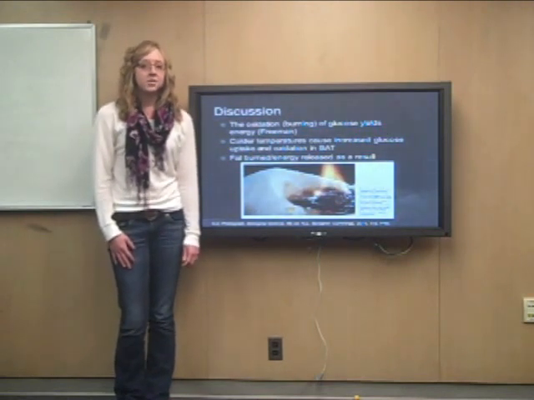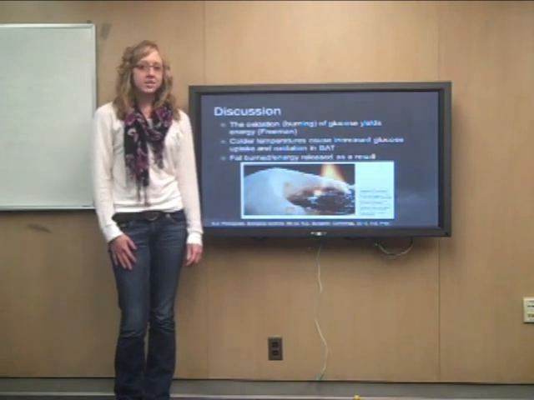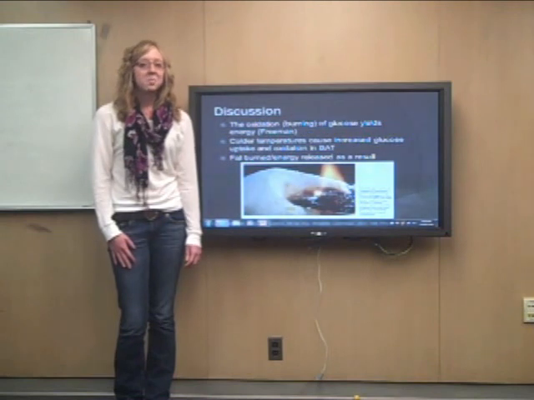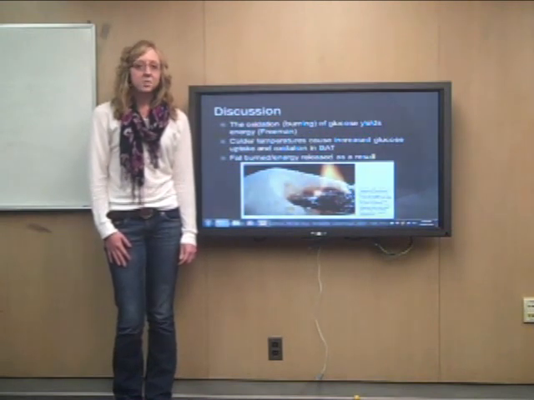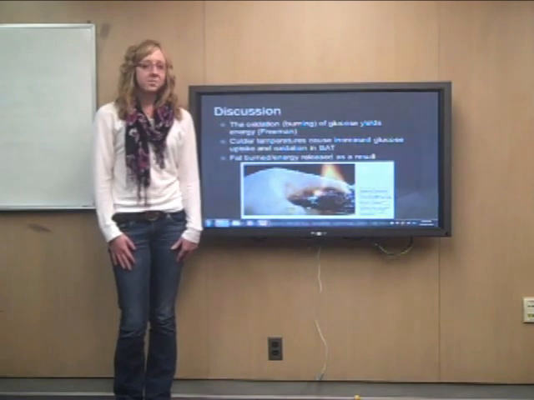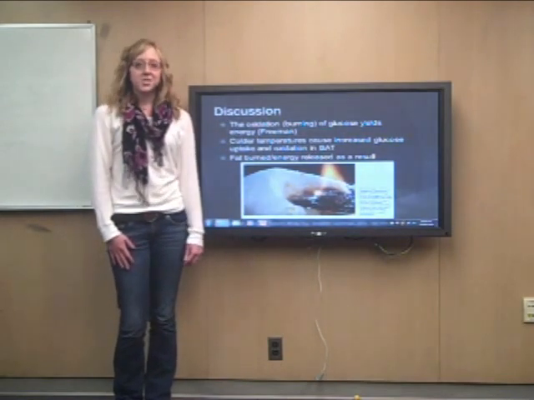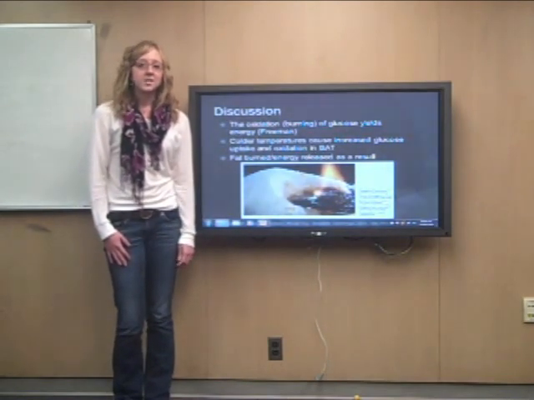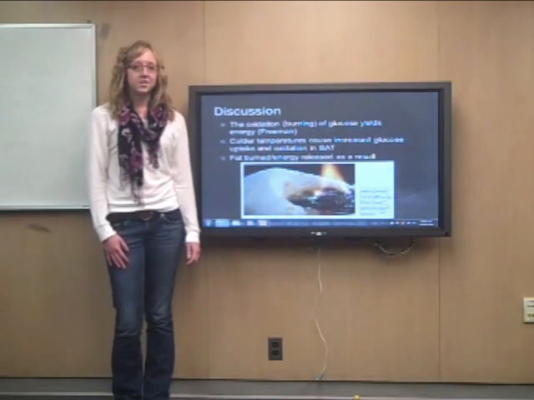Linking this back to our module, this means that since more glucose is taken up into brown adipose tissue in the presence of cold temperatures, more sugars are oxidized, more energy or ATP is produced, and metabolic rate increases. As shown in this picture, when sugar or glucose is burned, an oxidation reaction occurs and heat is given off.